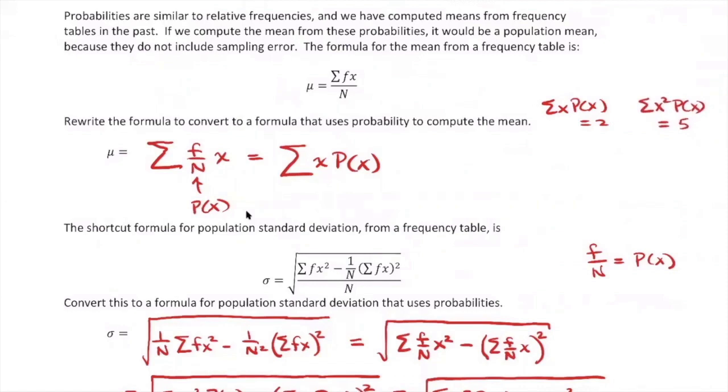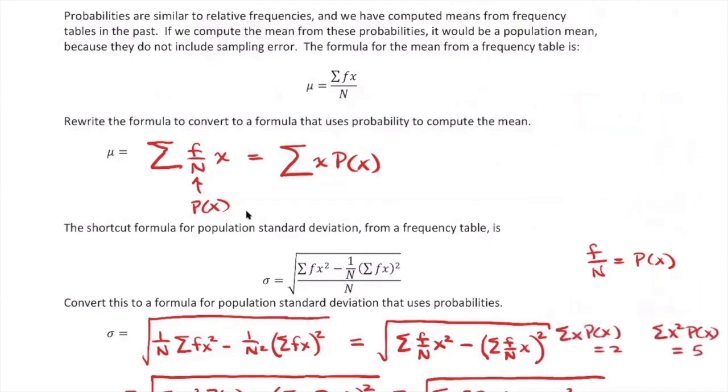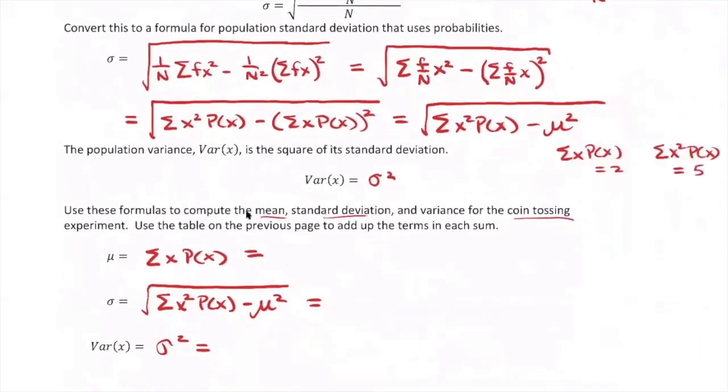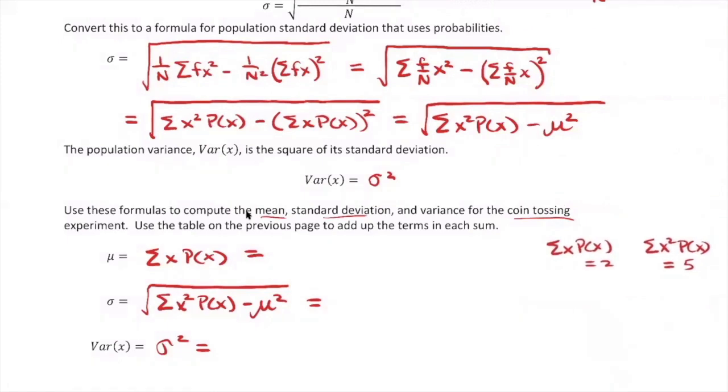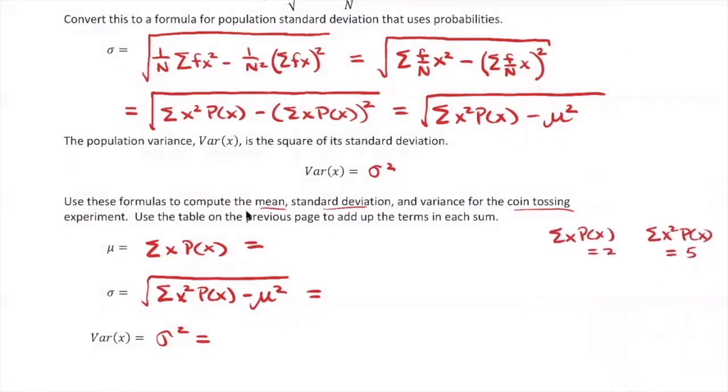Okay, I guess I should have brought that down lower. Okay, so the sum of x times p of x is the mean. So the mean is 2. That is a lot of work to figure out something that's absolutely obvious.